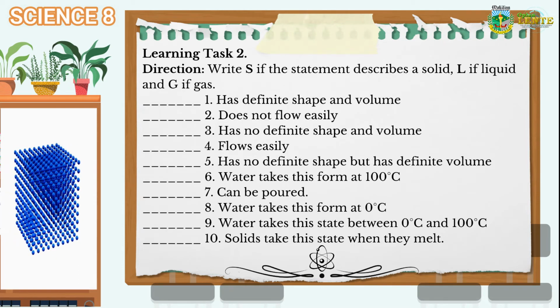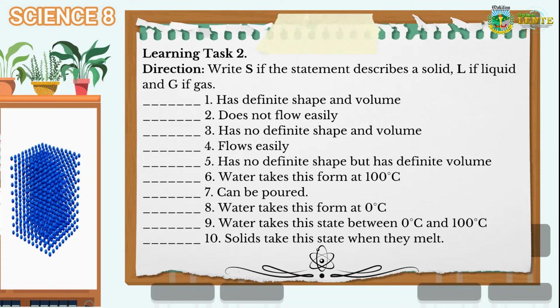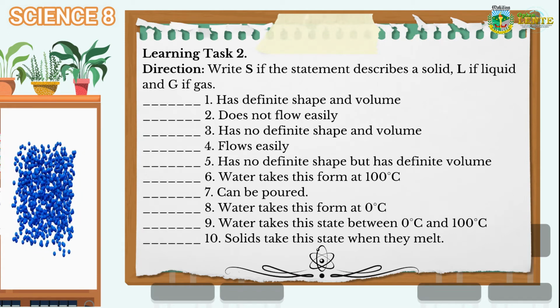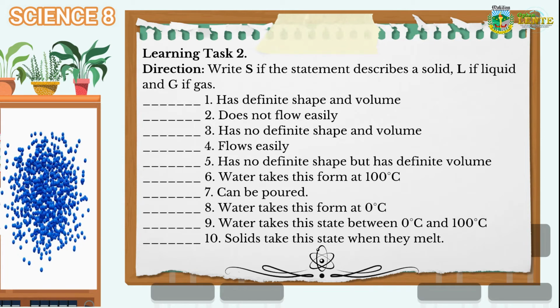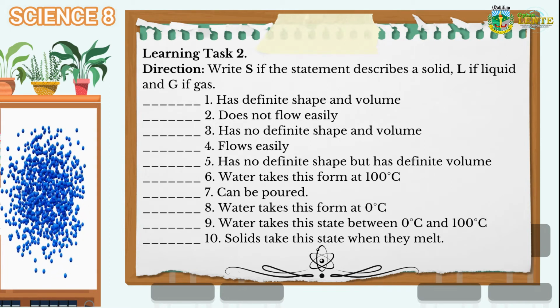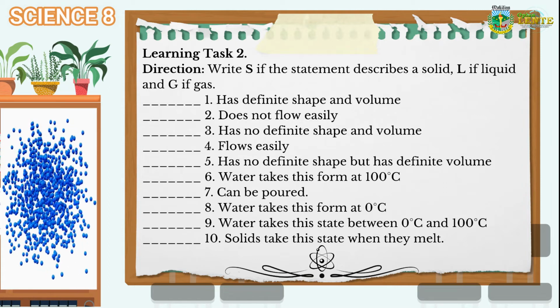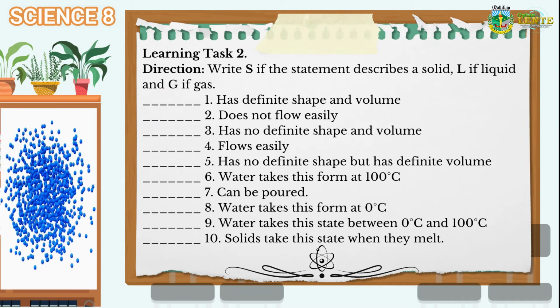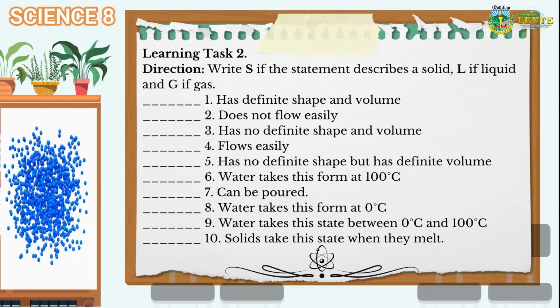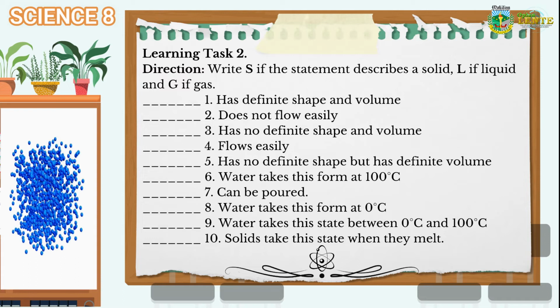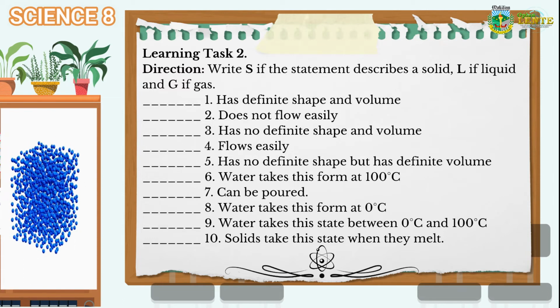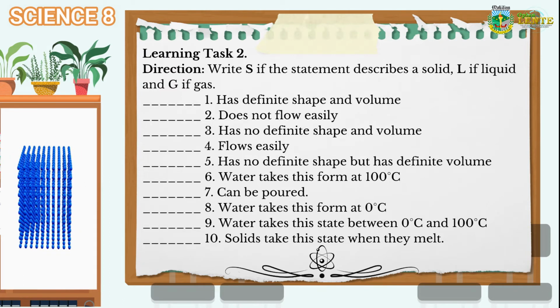Water takes this form at 100 degrees Celsius. 7. Can be poured. 8. Water takes this form at 0 degrees Celsius. 9. Water takes this state between 0 degrees Celsius and 100 degrees Celsius. And number 10, solids take this state when they melt.